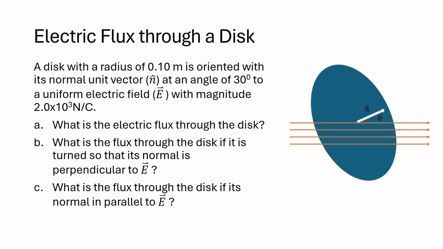As I said in the previous slide, if the surface area is perpendicular to the direction of the electric field lines, we can get the maximum electric flux. So there will be a value after the computation, and that value is the maximum electric flux that we can get in this particular condition, right?